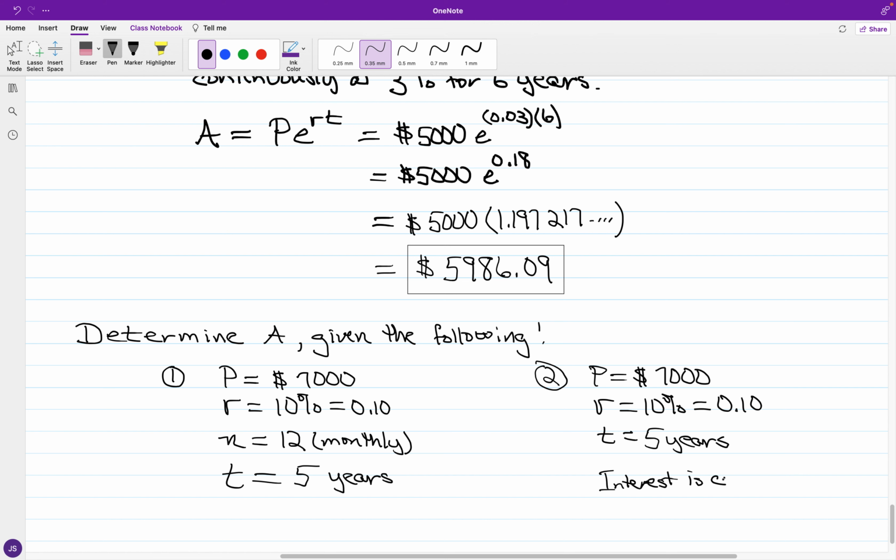And we'll say that interest is compounded continuously. So for the next few moments, let's see what we get for the future value A in these respective cases.